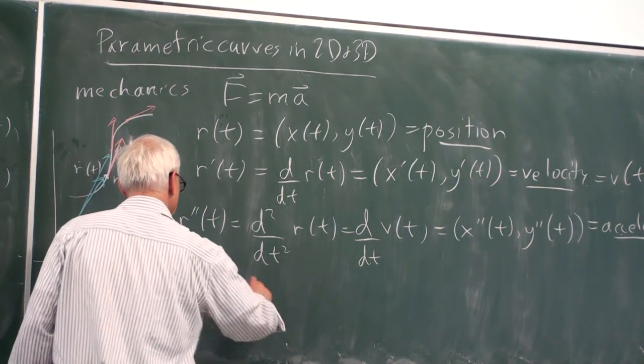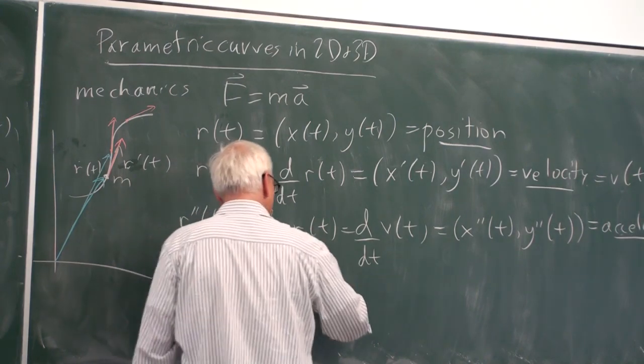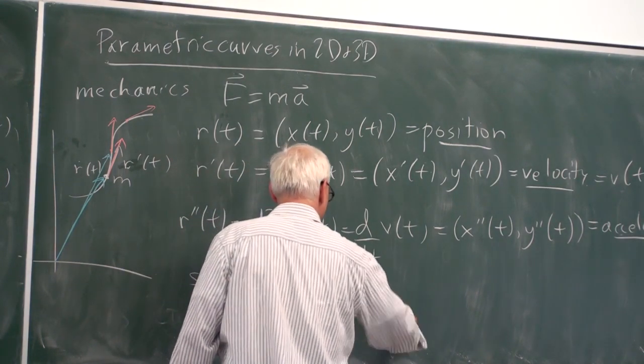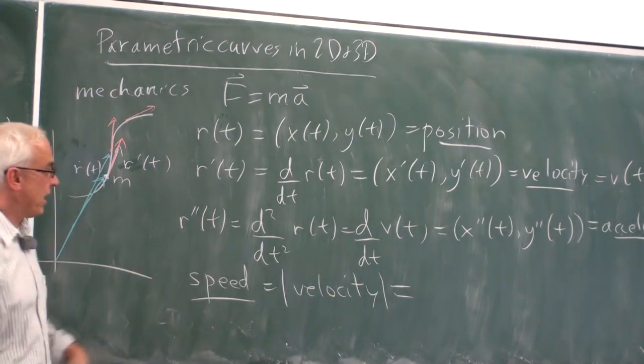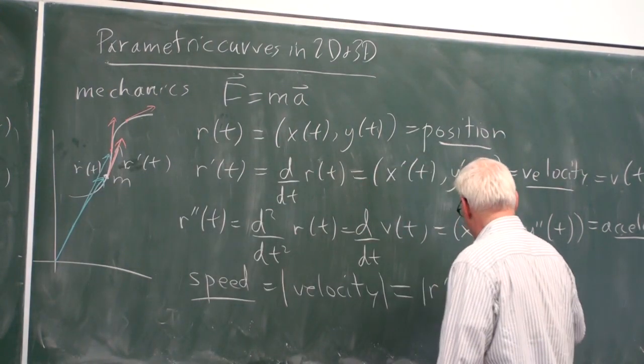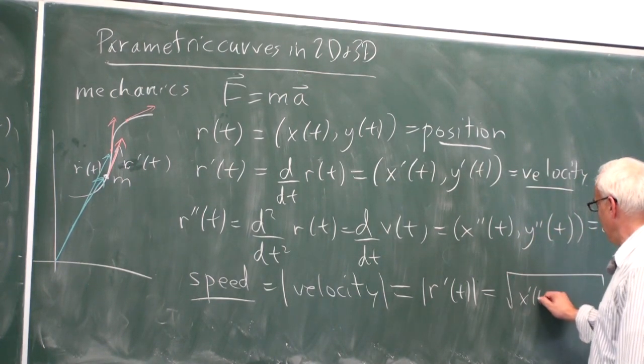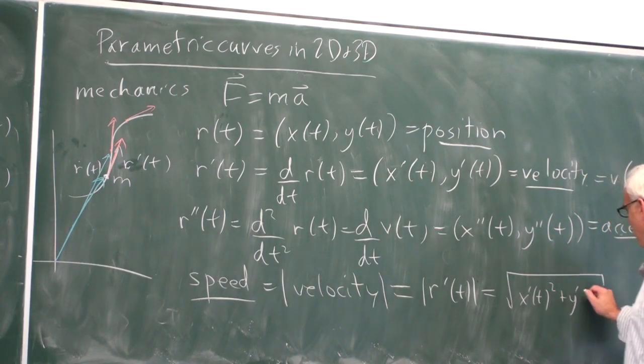So the speed at any point is just the absolute value of the velocity. And because this is a vector, we have to take square roots. So it's the size of r prime of t, which is the square root of x prime of t squared plus y prime of t squared.